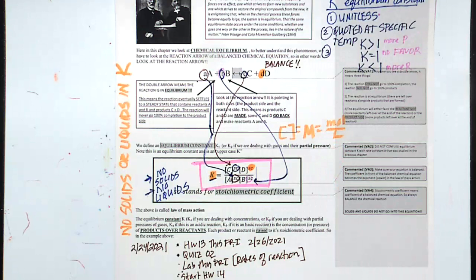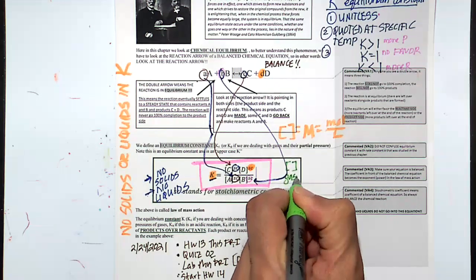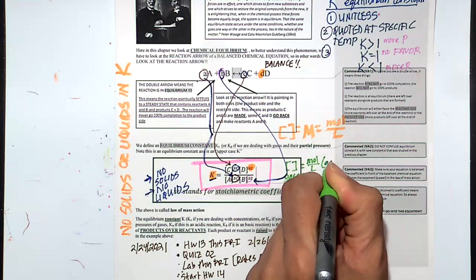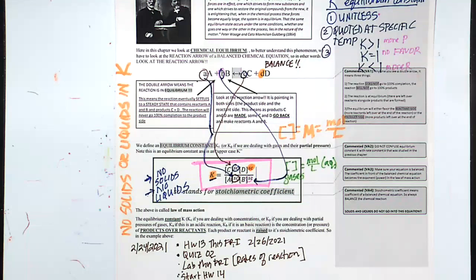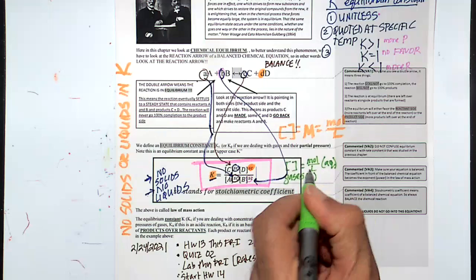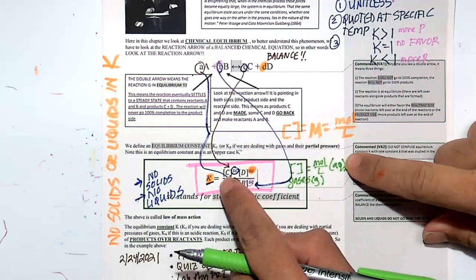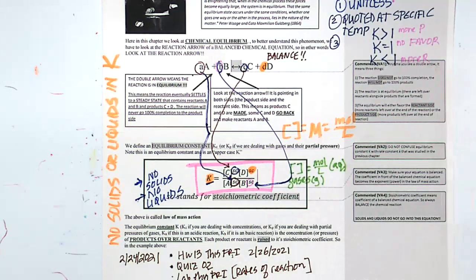The only thing that really goes in here is gases, or concentrations in moles per liter, which is aqueous. I guess what I'm trying to say is the only states that you should worry about are concentrations, aqueous, or gases. All right, let's do some problems here.